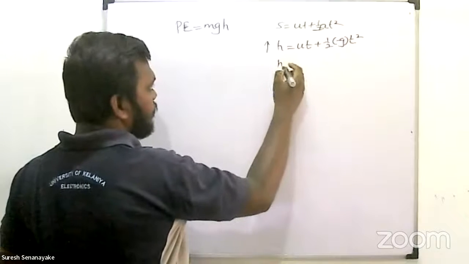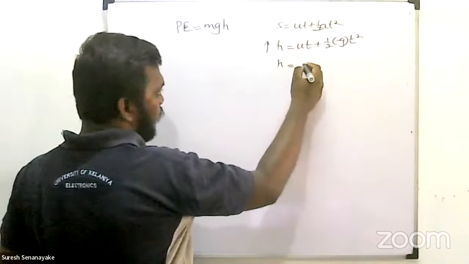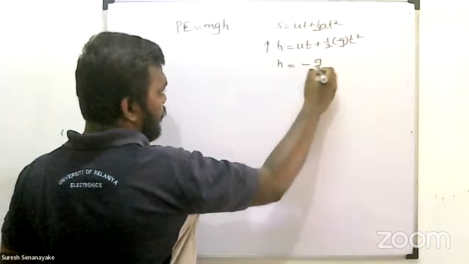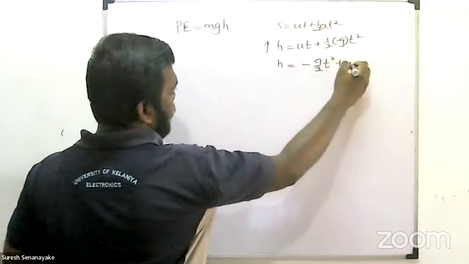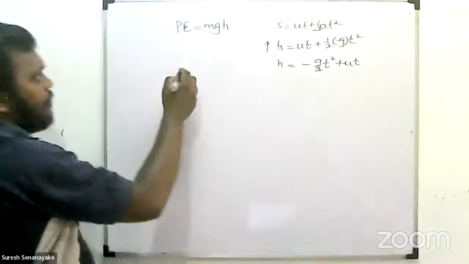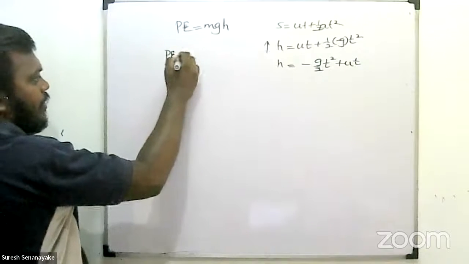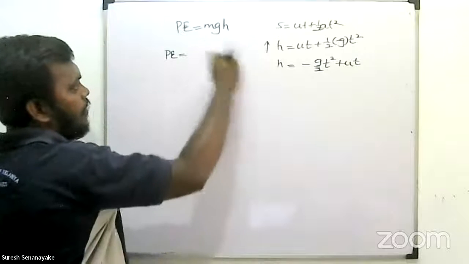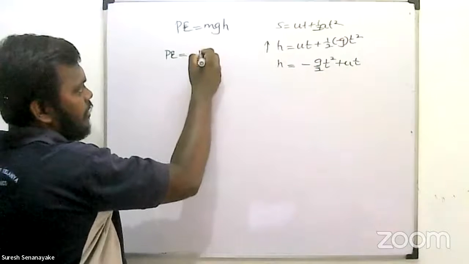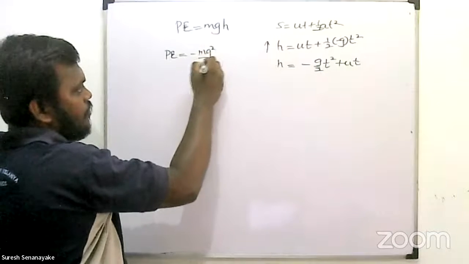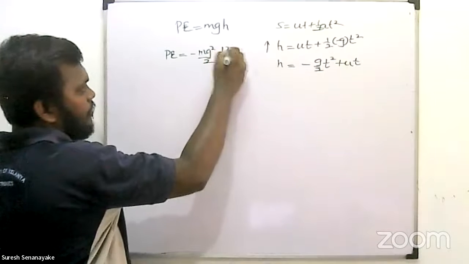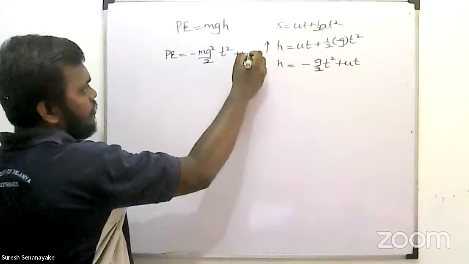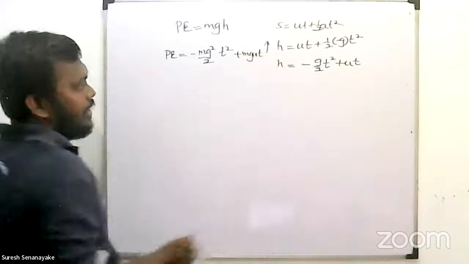Substitute there, mg then multiplied by this, there's minus m g square t square over 2 plus mg ut, like that.